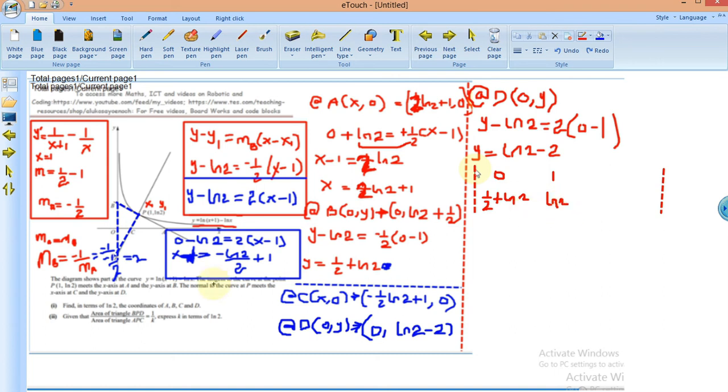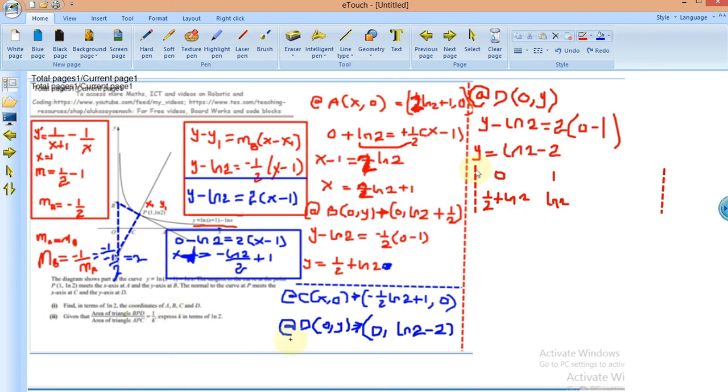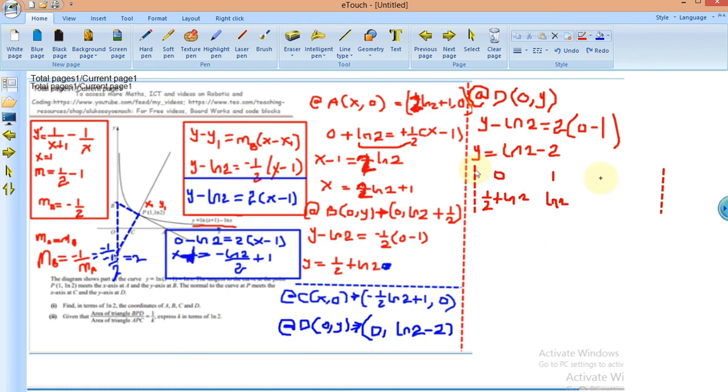Then let's look at the last one, D. The coordinate for D here is 0 comma minus 2 plus ln 2, or ln 2 minus 2, either way.